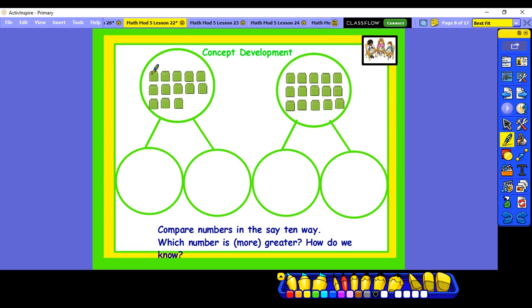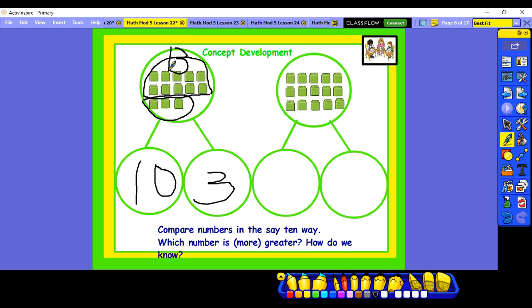Let's count our group of 10. 1, 2, 3, 4, 5, 6, 7, 8, 9, 10. Here is my group of 10. How many are left over? 3. So my two parts are 10 and 3. What is my whole amount?